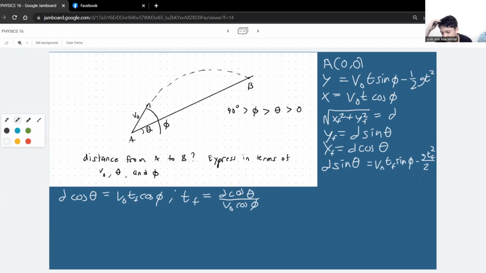So, I think if you can, color code that so you know which are the knowns and which are the unknowns. So, given theta, given phi, given v naught. If we look at the two equations, we have two equations with two unknowns.